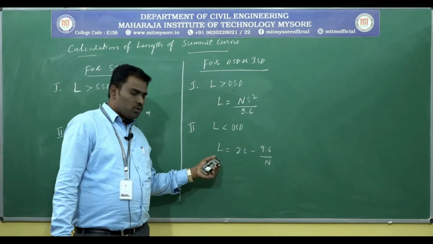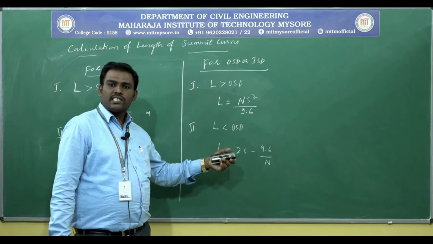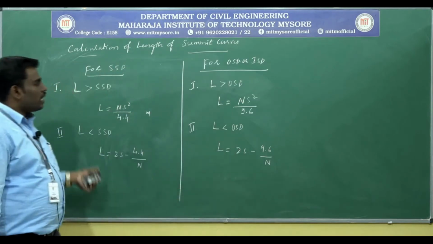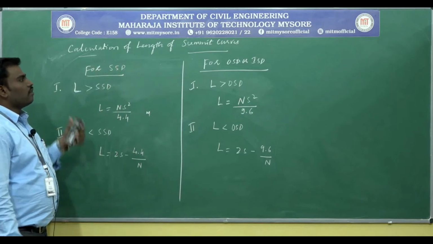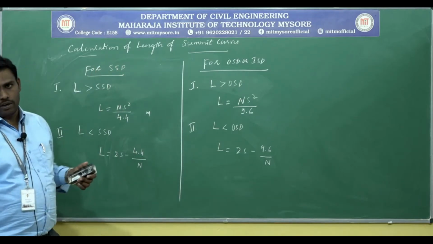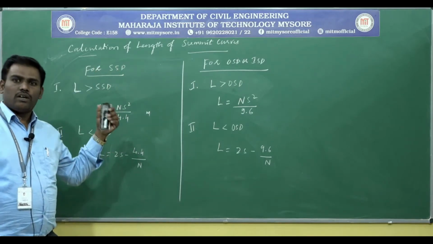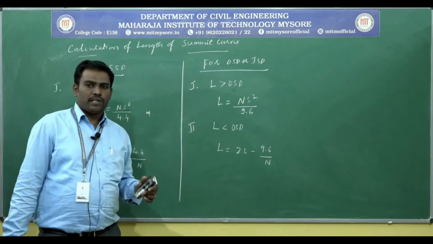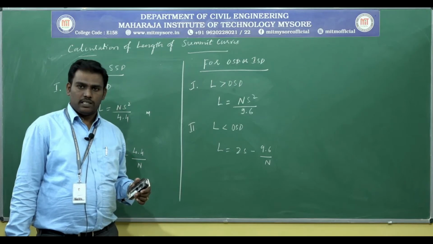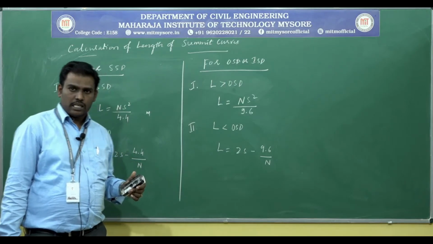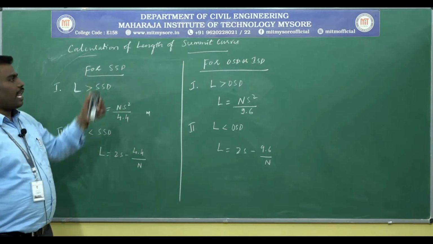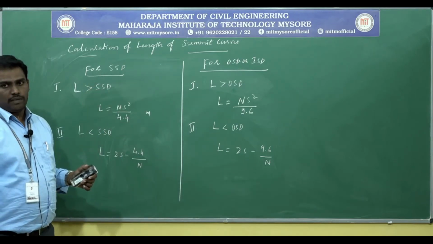Here also, usually we round off to the next higher whole number. This is regarding the calculation of length of summit curves for the stopping sight distance and for the overtaking sight distance. Is it clear? Next I'll move on to the numericals on calculation of length of summit curves.